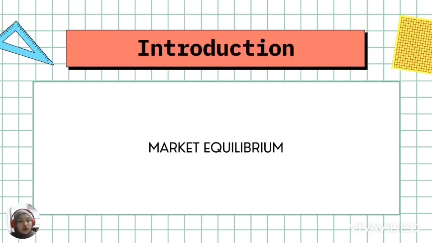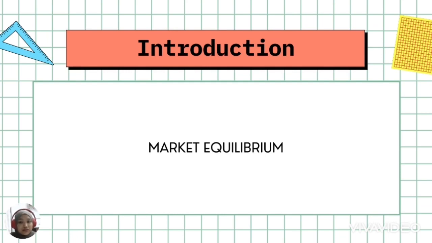But first, we will get into the introduction, which is the market equilibrium. So, what is the market equilibrium? Market equilibrium is achieved when the demand and supply curves intersect each other. So, economic equilibrium is a situation in which economic forces such as supply and demand are balanced.